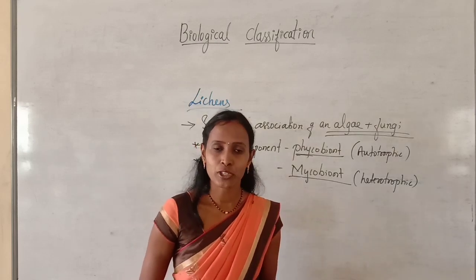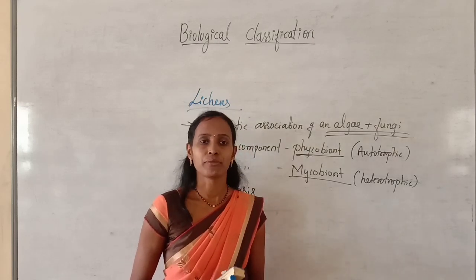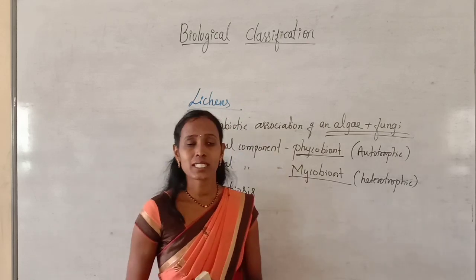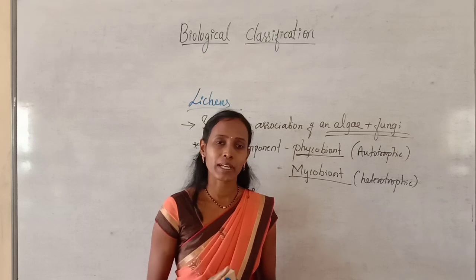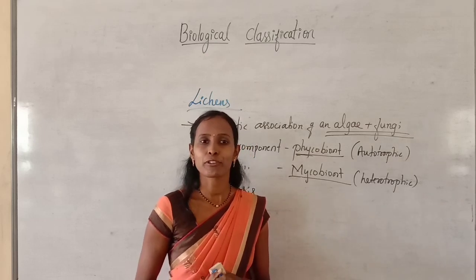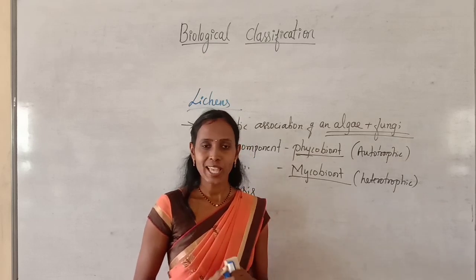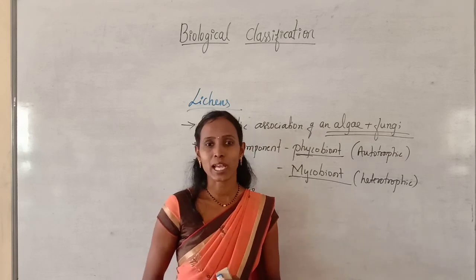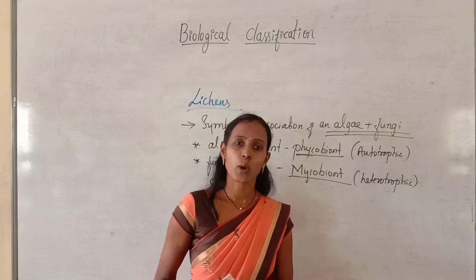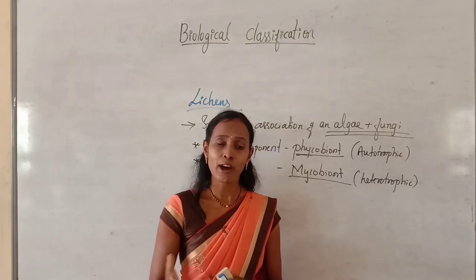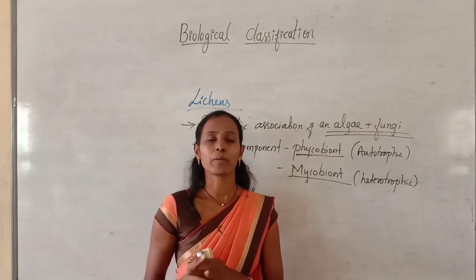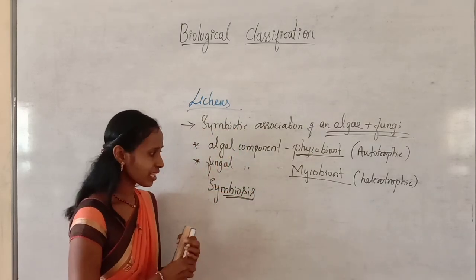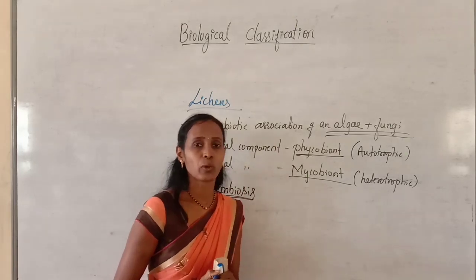The algal component is called phycobiont and the fungal component is called mycobiont. Algae contains photosynthetic chlorophyll pigments so that it can prepare the food for fungi. And fungi provides shelter to the algae, and at the same time helps in absorption of water and nutrients from the soil. And this type of association is called symbiosis.